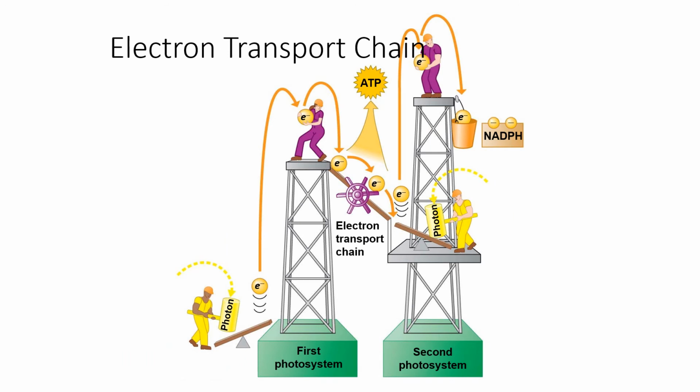This image right here shows you an analogy of what's happening during the electron transport chain, which is again taking place during the light reaction. As we said, light, which comes in energy packets known as photons, is going to hit those chlorophyll molecules, which are carrying electrons.